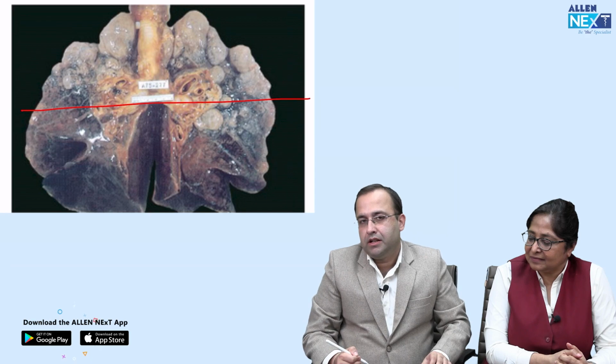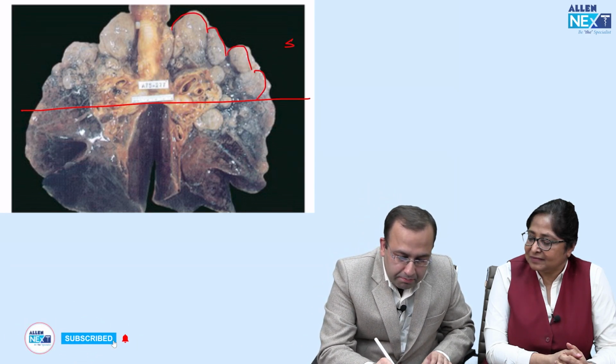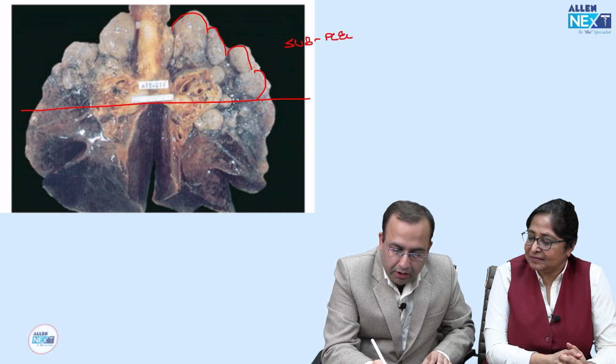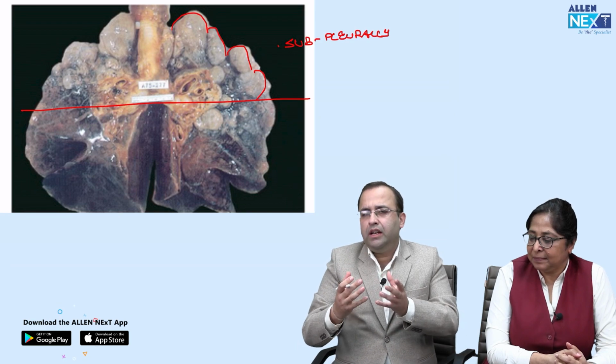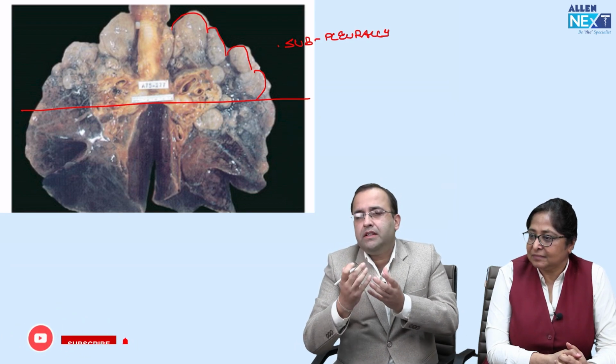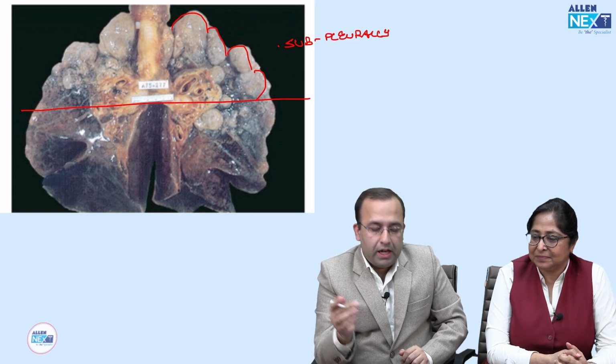And lastly is the paraseptal emphysema, in which the upper half of the lung is involved, and it shows emphysematous areas present subpleurally, just below the pleura. What is the clinical significance of this? These emphysematous areas can spontaneously rupture, leading to pneumothorax.